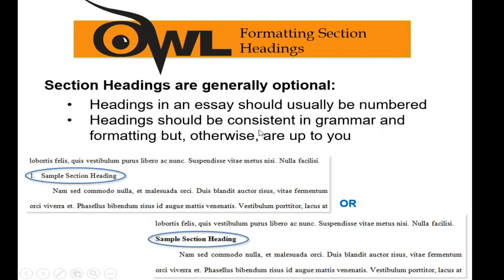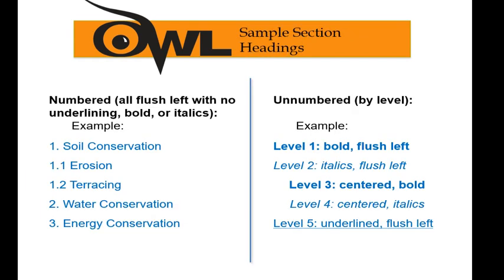So if you start writing numbers in the different headings, you have to continue putting numbers to all of the headings and subheadings in your writing. But if you decide not to put numbers, then you have to be consistent too throughout your writing. So let's see it with this example.